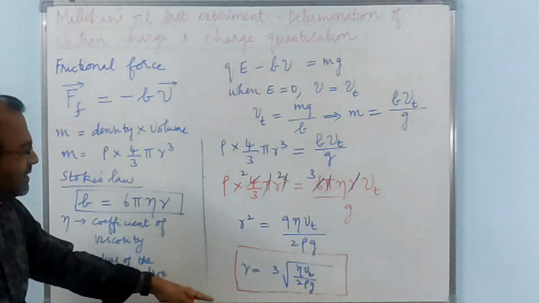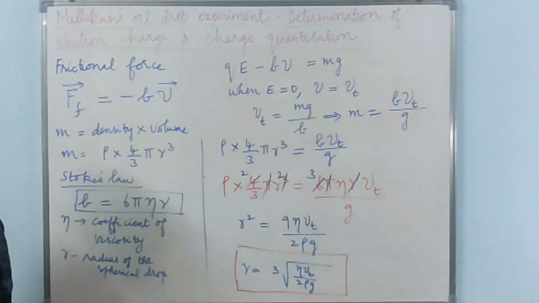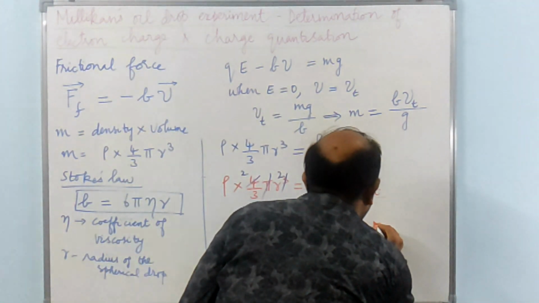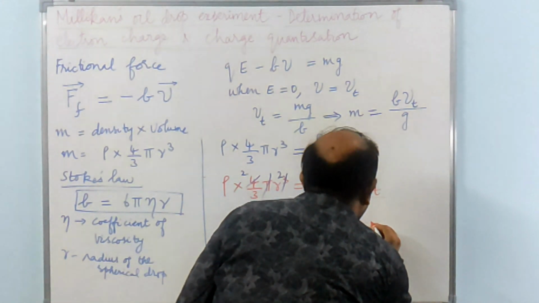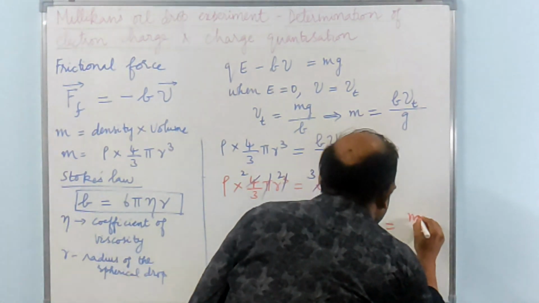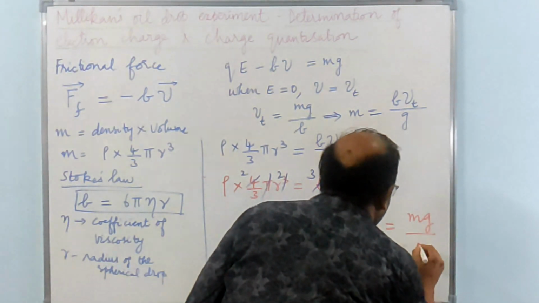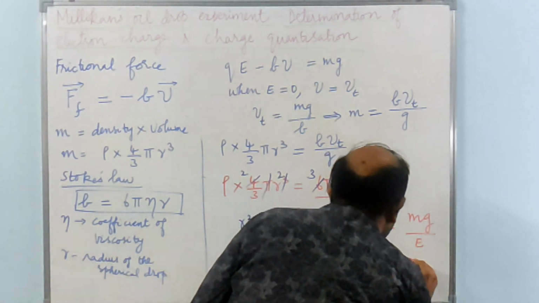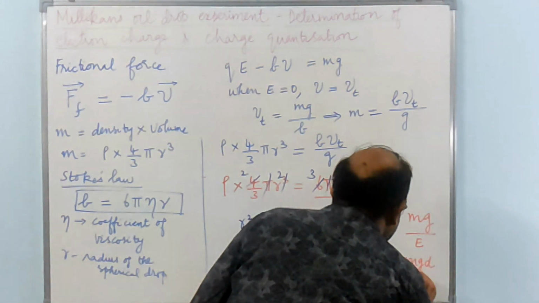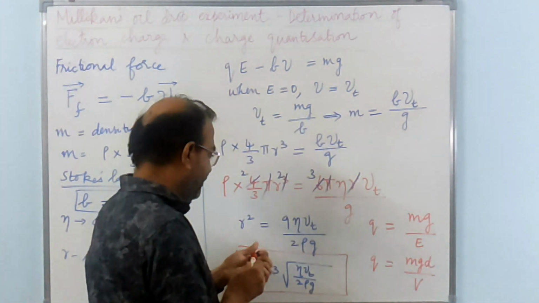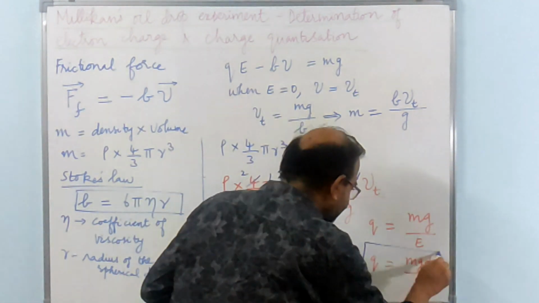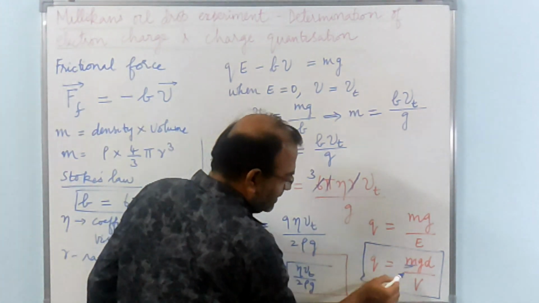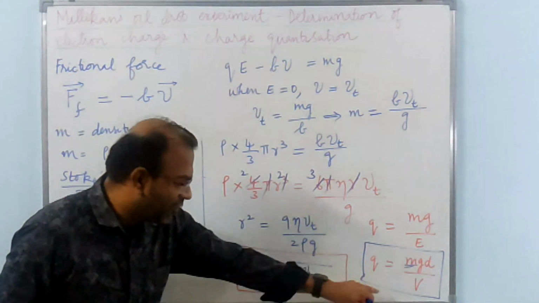And thereby if we get the mass, and using the mass in our original equation, the charge is equal to mg over E, and the charge is equal to mgd over V. So after calculation of mass, we can substitute here to get the charge on the oil drop.